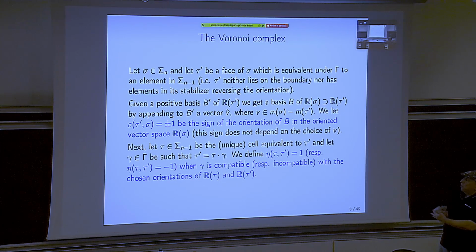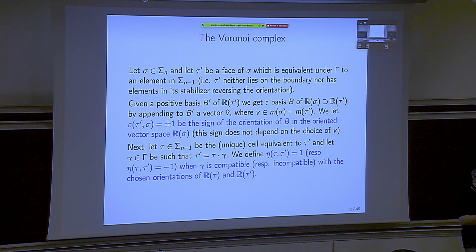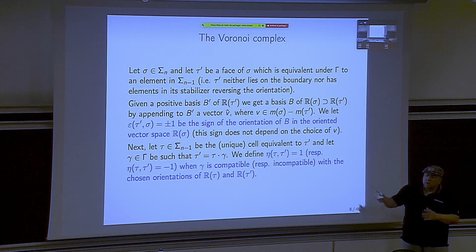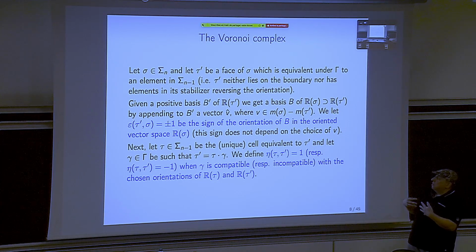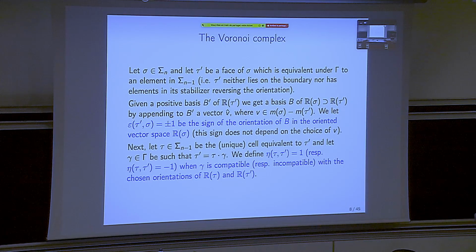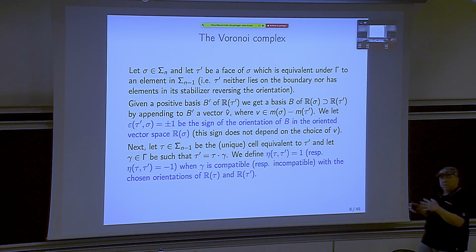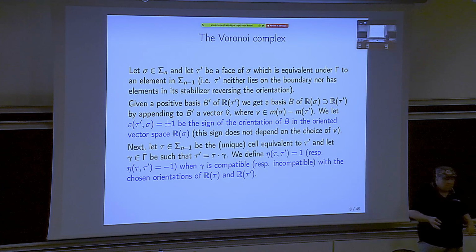More or less, we are going to combine two incidence numbers, if you have in mind the classical description of a differential for a CW complex. One orientation will come from the stabilizer, and one orientation will come from the geometry of the cells in the Gram representation, meaning in the symmetric space.